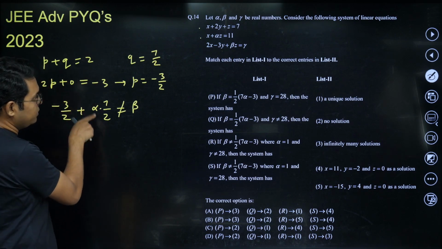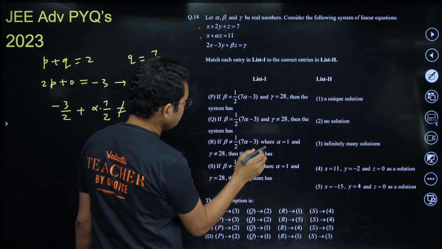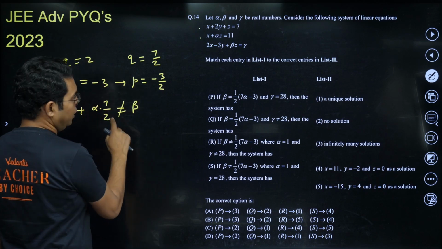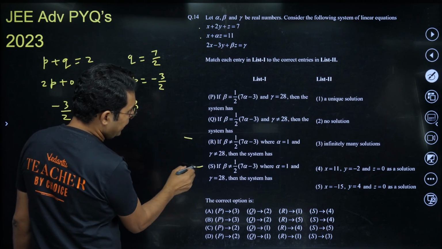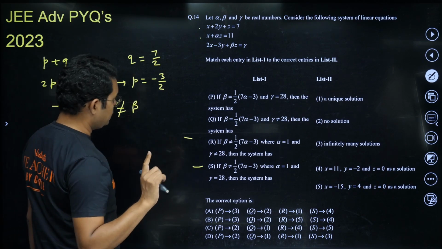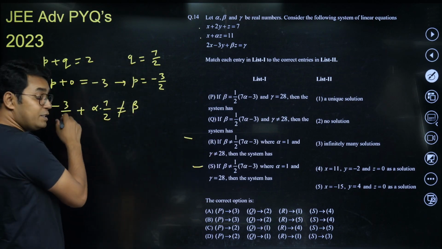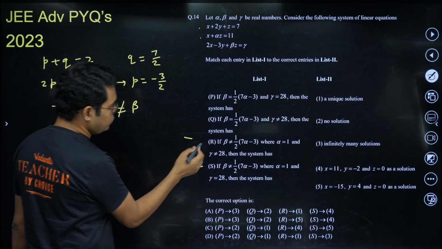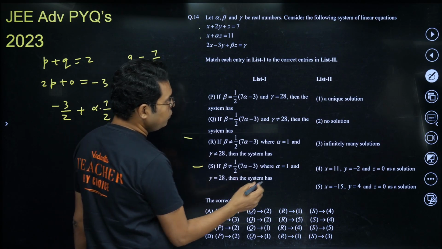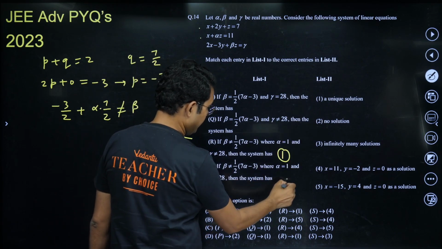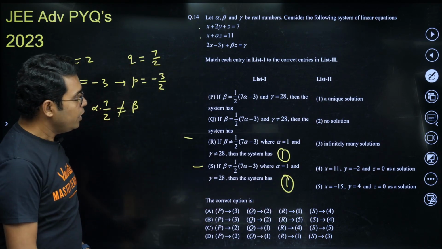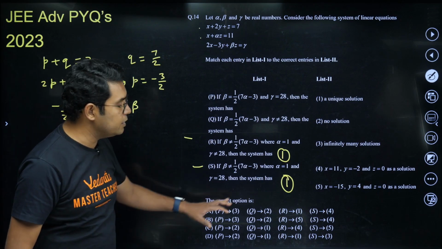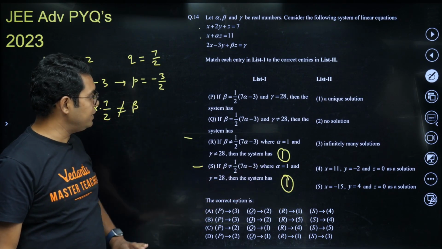Please understand, if this is the scenario, then there will be no solution. So you can check for R and S. Just 1 minute. For R and S, sorry, this was the scenario for unique solution. So R and S should have unique solution, that is 1 and 1. Also, with unique solution, you may find the solution as well. Okay, that we can find separately.